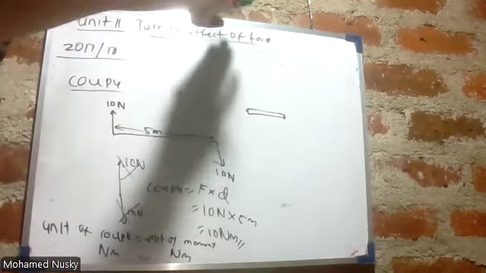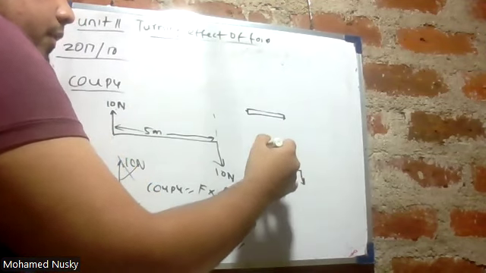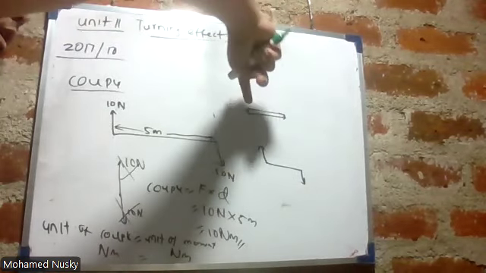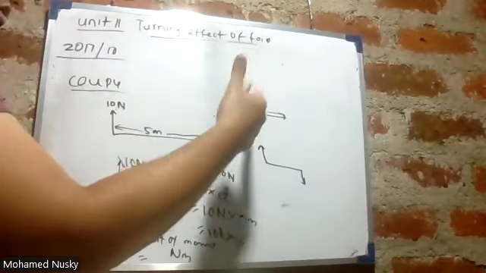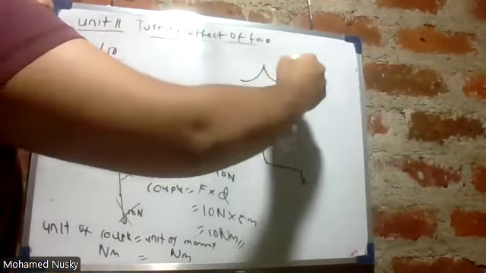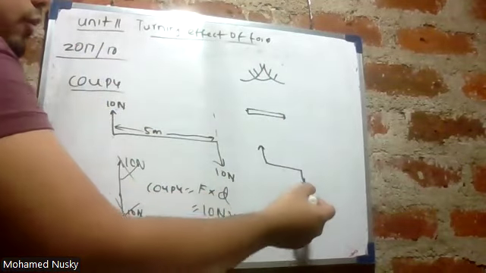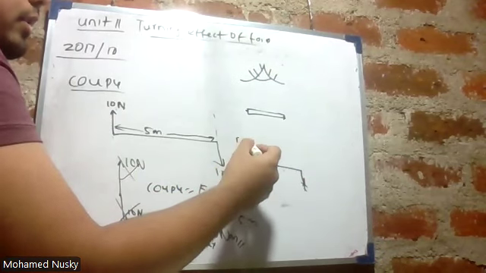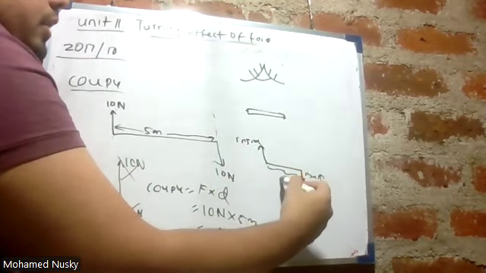If I see from the top, how does it look? This is how I apply a force: here I apply a force outside the board, and here I apply a force inside the board. From the top, force outside the board, force inside the board, separated by a distance d.